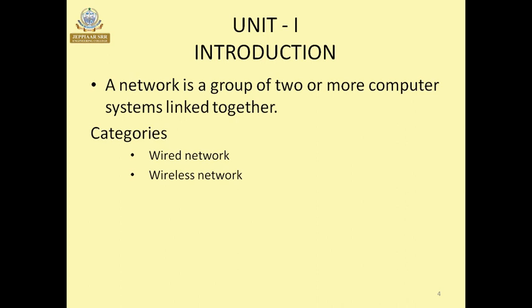Next one is wireless network. In a wireless network we will have many devices. All the devices can be connected to the wireless network with the help of Wi-Fi. Bluetooth can also be used for connecting devices wirelessly.